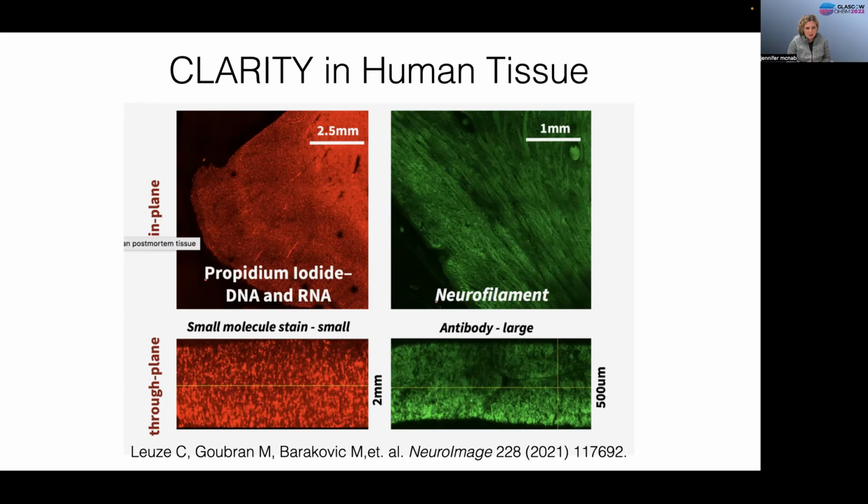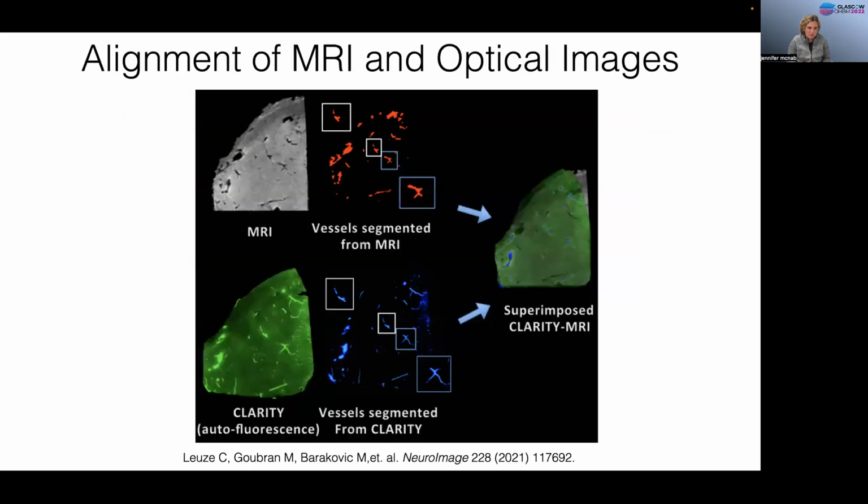We also used a neurofilament stain, which requires a much larger antibody, but provides a nice visualization of some of the fiber structure. We wanted to look at that to start with because we felt we have a fairly good idea of how to map fiber orientations with diffusion imaging, and that was a good place to start with these comparisons.